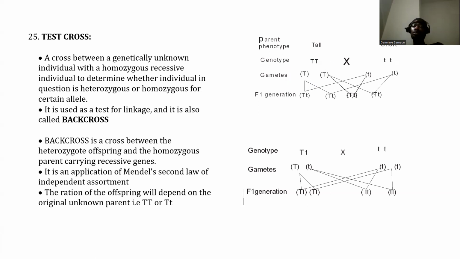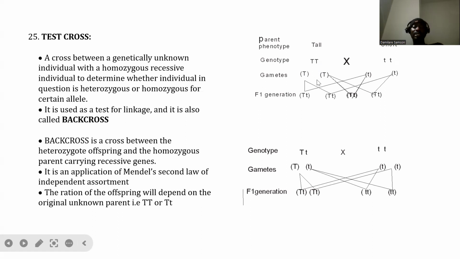Genetically unknown individual, like I said, means we don't know who this individual is. So in the exam, if they want to ask a question, they will put a question mark in this place, meaning they don't know the genotype. The gametes too, they will put a question mark, meaning they don't know the gametes. They can then give all these results here, and from these results you can get what we have here.